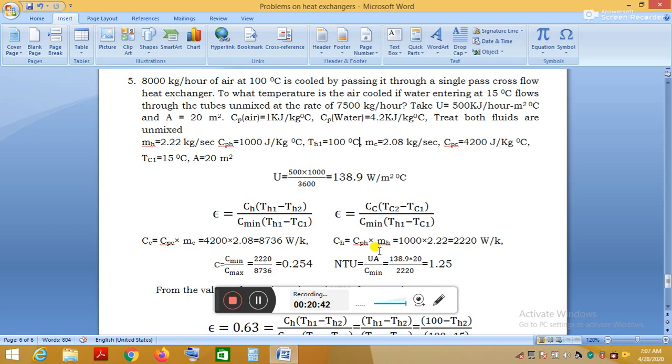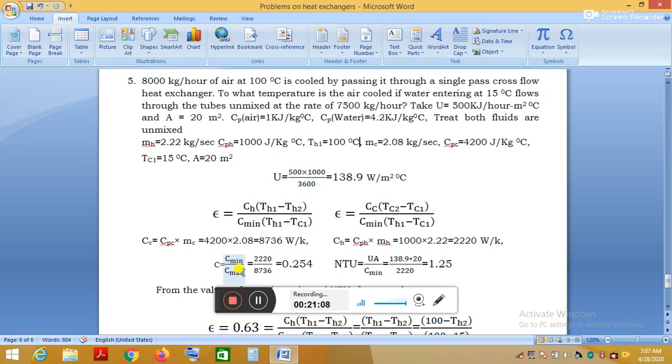Comparing both, the heat capacity of the cold fluid is minimum, therefore we can consider it as C minimum, and the heat capacity of the hot fluid is higher, and we can consider it as C max. We can find the ratio C minimum by C max.